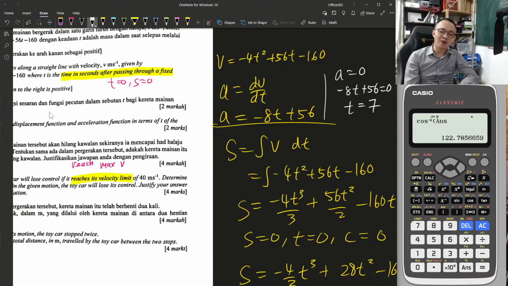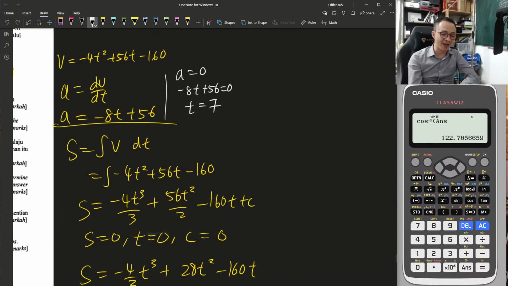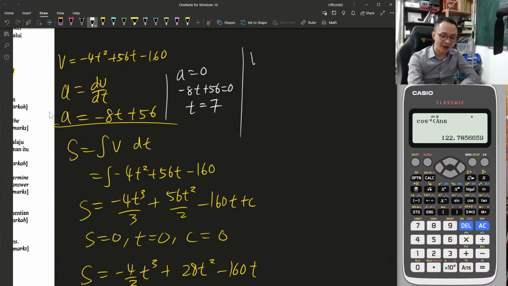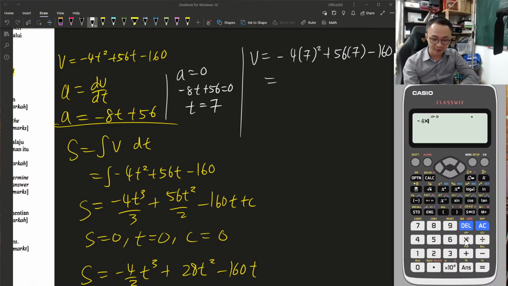So from the calculation, I know at 7 seconds the velocity will be at its maximum. I want to know how fast the maximum is, so we sub 7 into the velocity equation. Then I will just type the whole thing: negative 4 times 49 plus 56 times 7 minus 160.